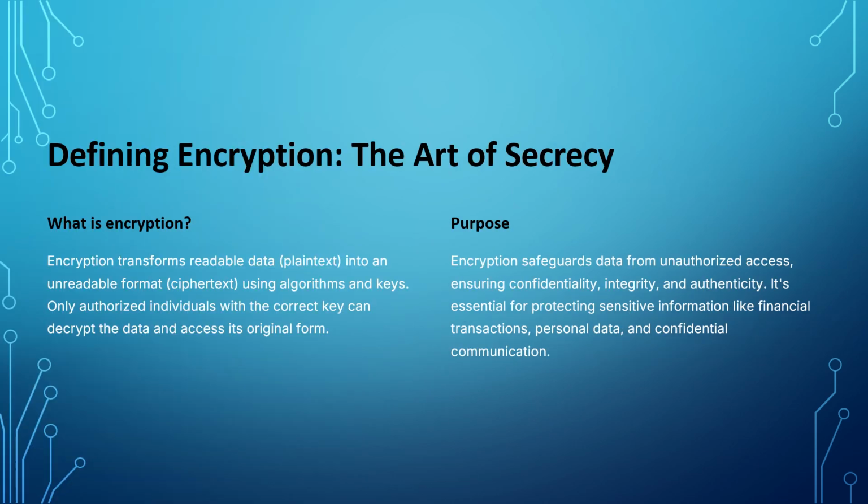In this slide, we will discuss encryption, like what is encryption and what is the purpose of encryption. As I said before, what is encryption? Encryption transforms readable data into unreadable data that is called ciphertext using algorithm keys, and the most important part, only an authorized person can use the correct key to decrypt the data to access its original form.